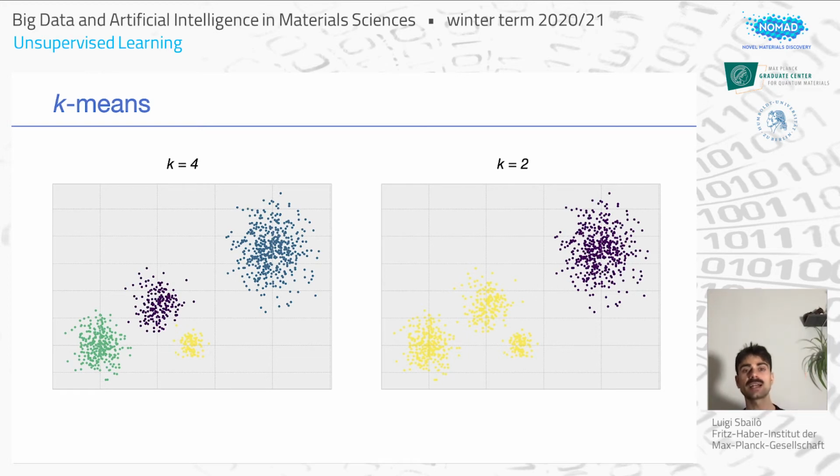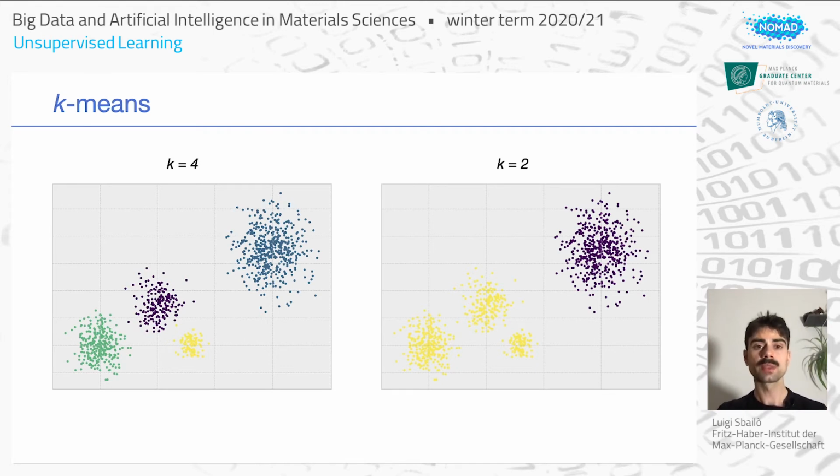But now we see that we have to insert this value k in our algorithm. And now we move on to the next class of methods, which is essentially trying to give this multi-scale, this different resolution of clustering.